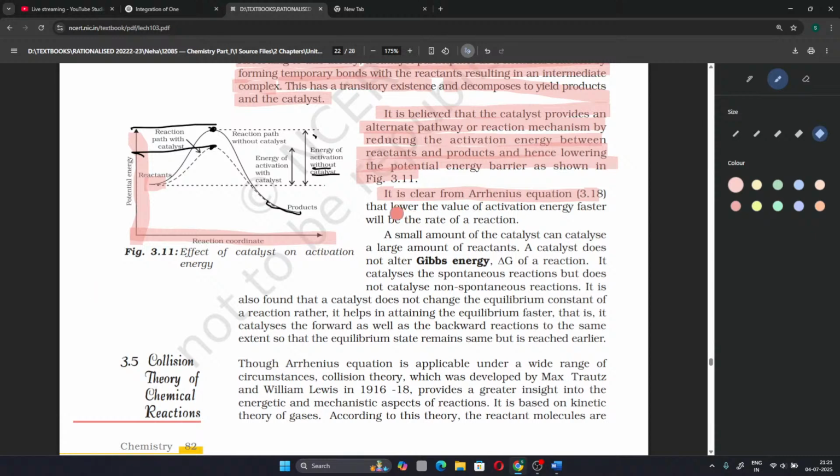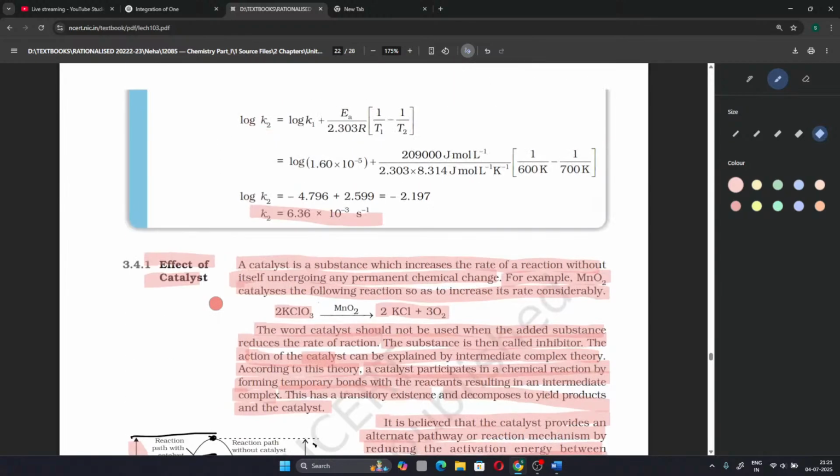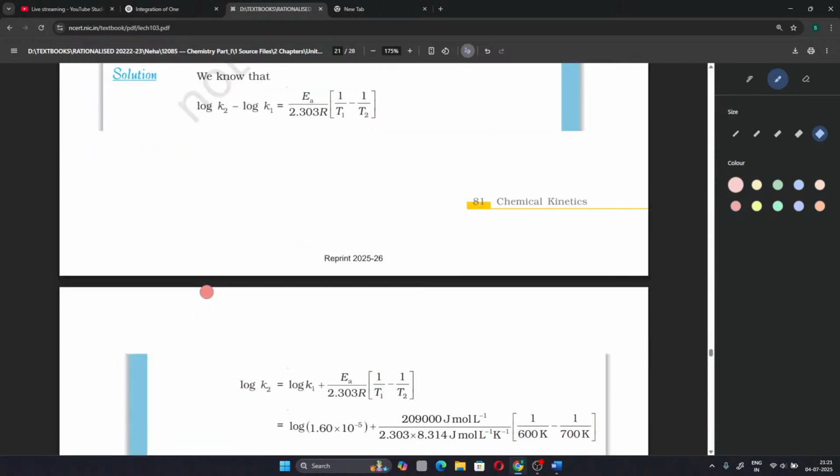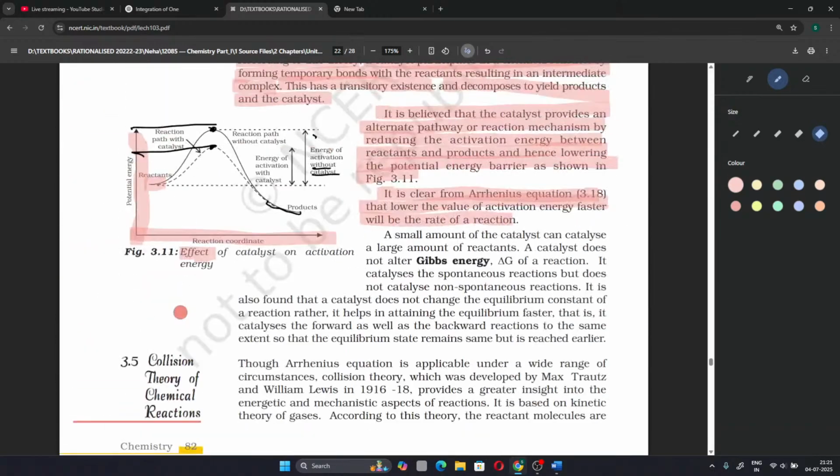It is clear from our Arrhenius equation that the lower the value of activation energy, the faster will be the rate of the reaction. Great. Why are we studying activation energy? Because the lower the activation energy, the more the molecules, according to Arrhenius and according to Maxwell and Boltzmann, they defined something here. I'll do it again at the end.